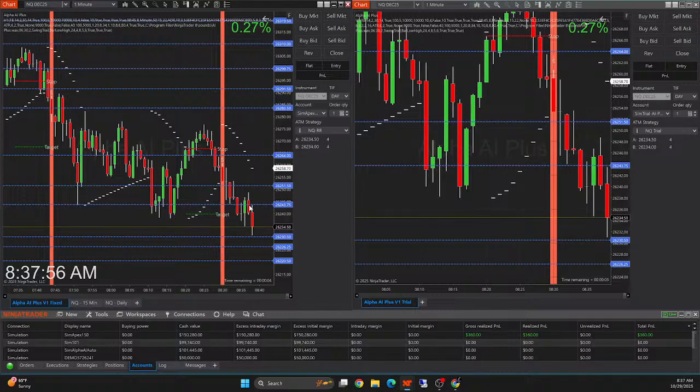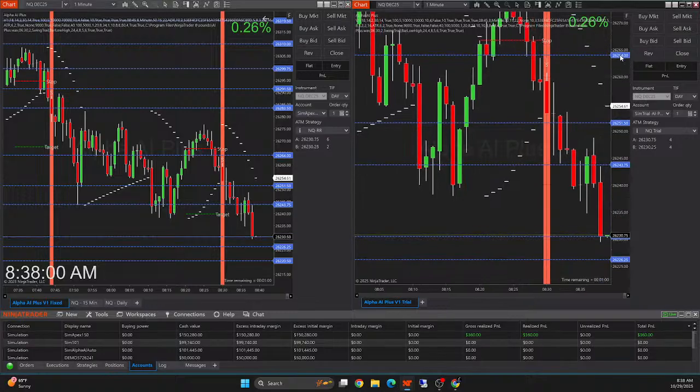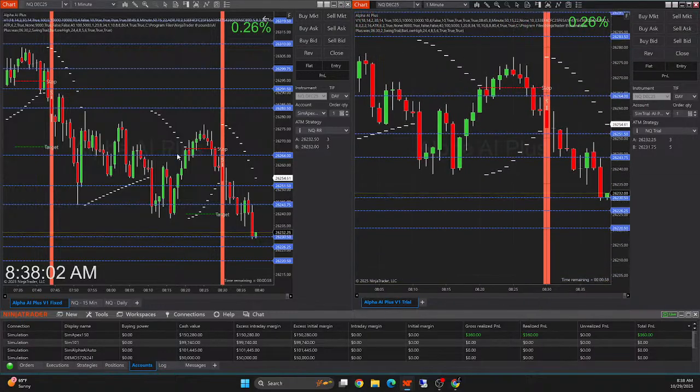Someone said, okay, why not 2 contracts, 1 fixed target and 1 trail? That's a good idea. But the problem is, if it hits your stop, it can be a big loss. If you want to try it this way, trade 10 micros: 5 micros on a fixed target at the next area, and the second 5 trailing.